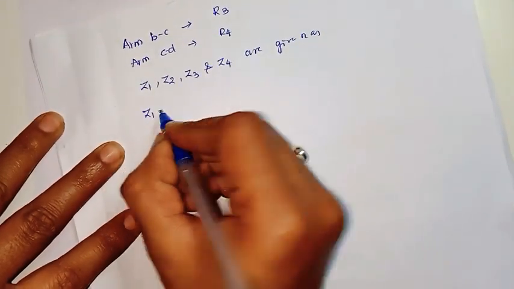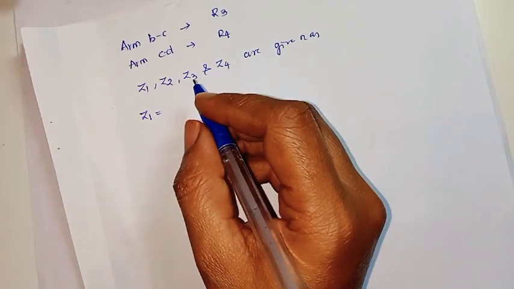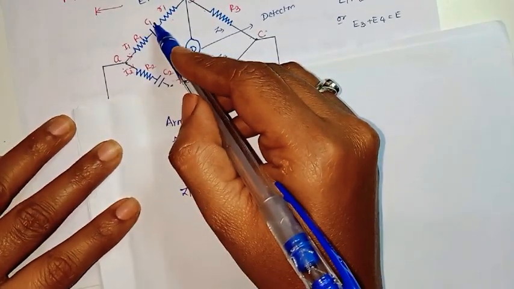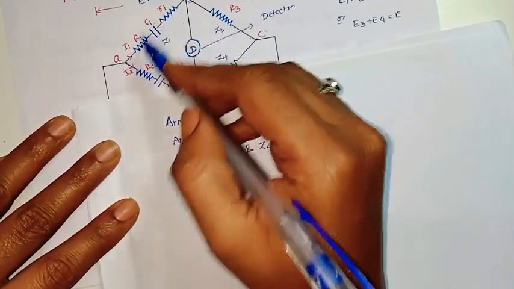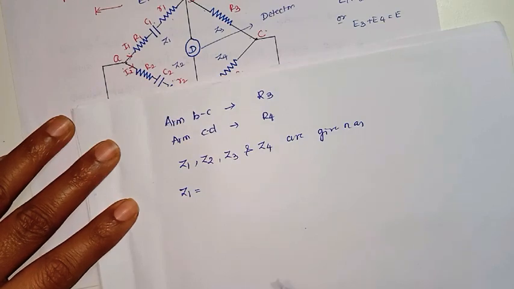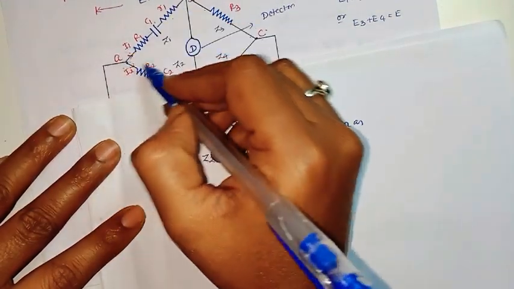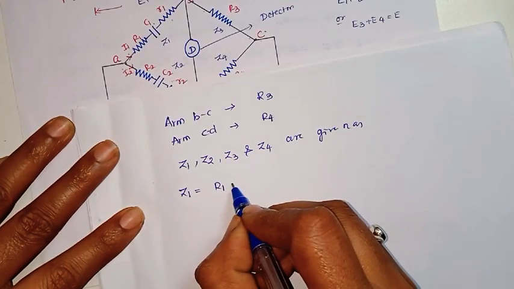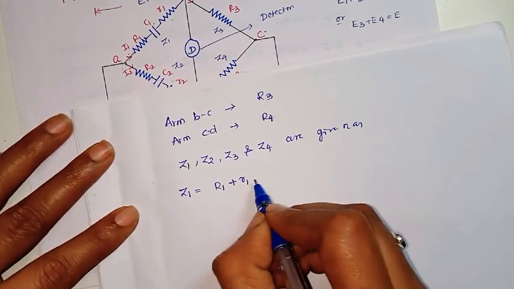First, Z1 in the arm AB. What are the components here? First a capacitor, then two resistors. Completely, this we can call Z1. So first we have the resistors capital R1 and small r1.